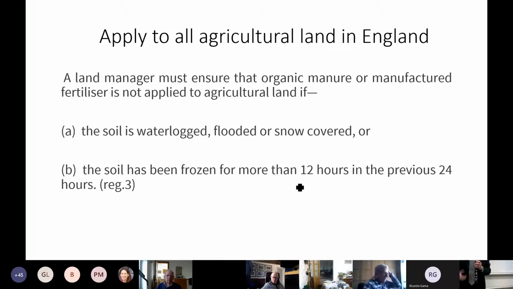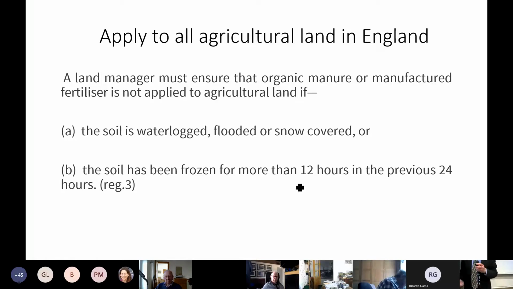It requires a land manager, and the land manager can be someone who runs a market garden just as much as a farmer, to ensure that organic manure or manufactured fertilizer is not applied to agricultural land if the soil is waterlogged, flooded, or snow covered, or the soil has been frozen for more than 12 hours in the previous 24 hours. That's just one example of the regulations, but it gives you the flavour of them.